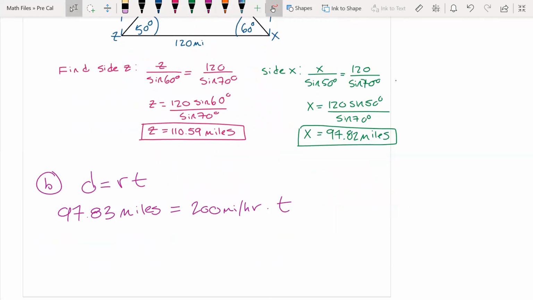So then we're going to divide by 200 miles per hour, where your units of miles will cancel. And what is 97.82 over 200? 0.49.